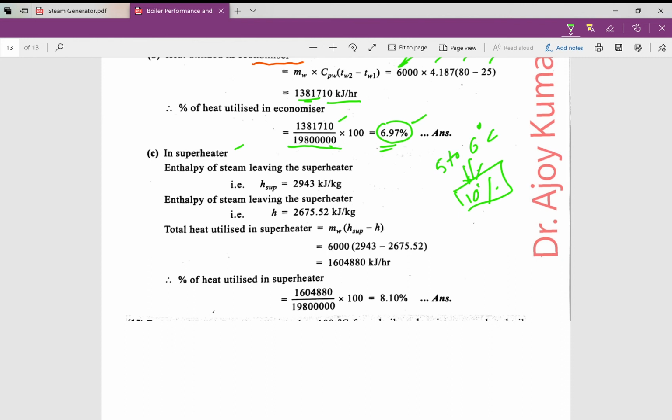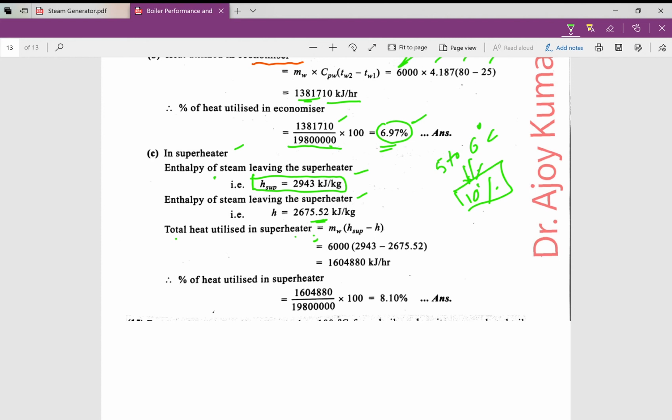Now come to the C part, that is for the superheater. Already we know the enthalpy of steam leaving the superheater at 250 degrees centigrade, from the superheated steam table we got it. Now the enthalpy of steam leaving the superheater. So total heat utilized in the superheater, it is this much.